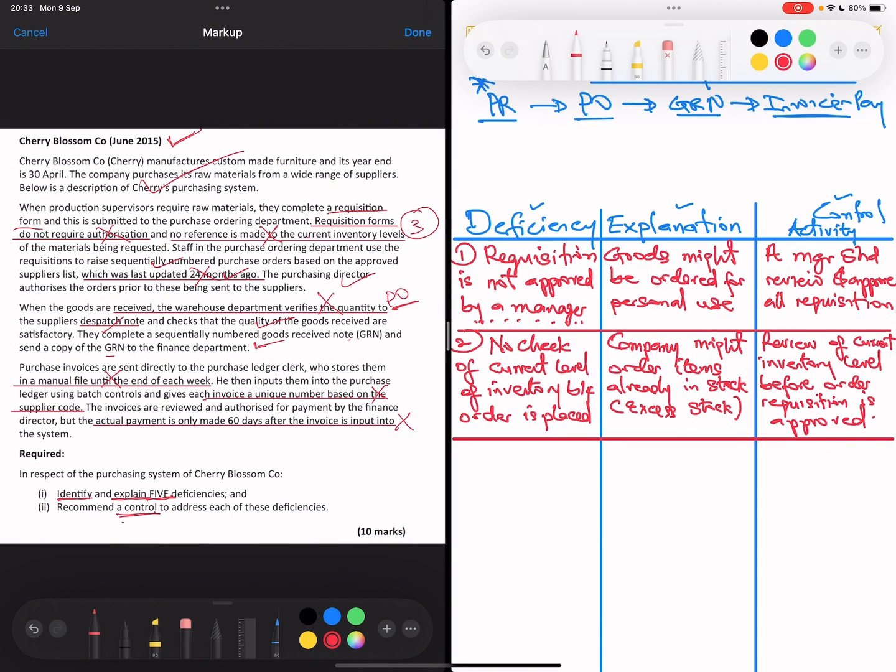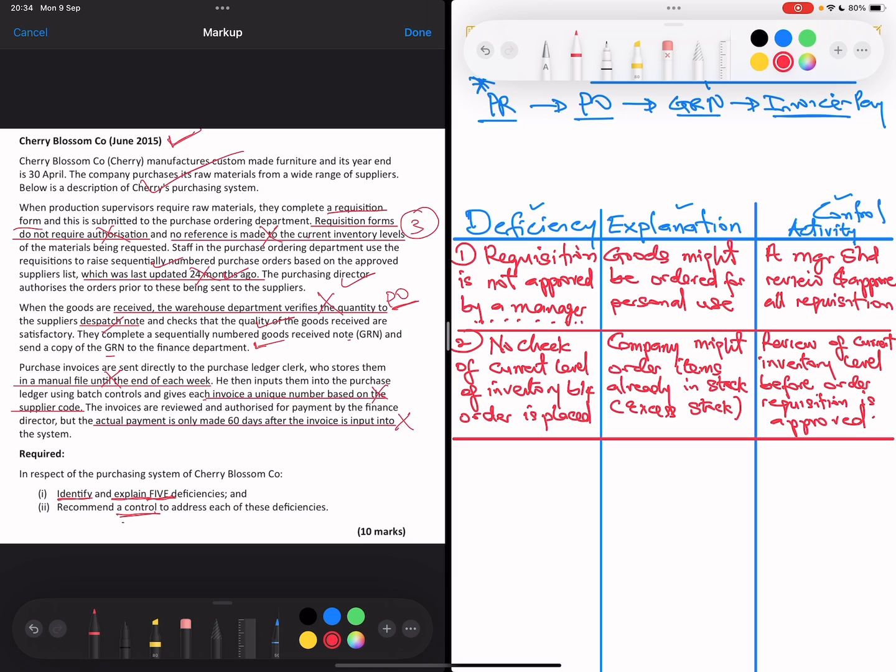And with that, you're able to save money and be more efficient in your purchase to pay cycle. But the problem is that this one has not been updated for the last 24 months. So it's possible that newer suppliers are in town or prices have become cheaper and you are not aware. So the weakness is that the supplier list was last updated 24 months ago.